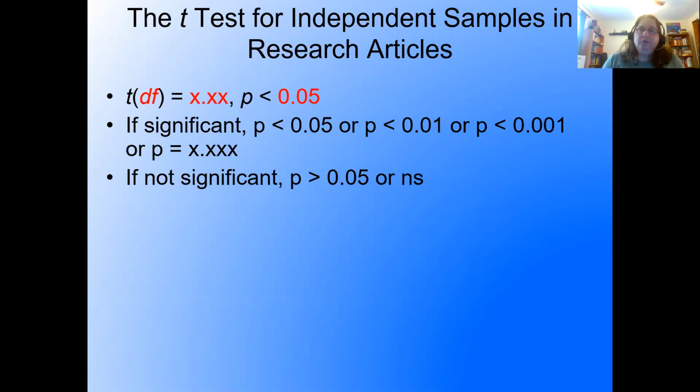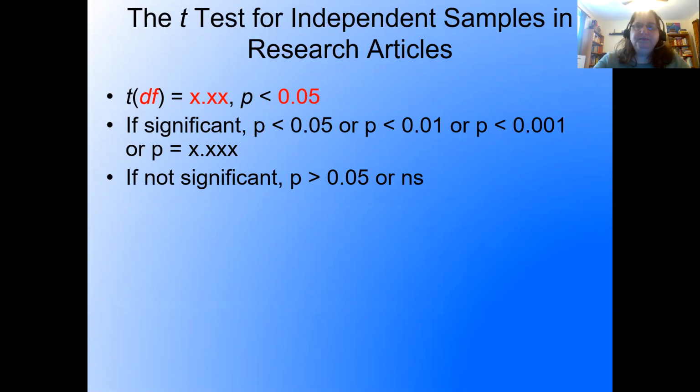Let's leave it like that, so it actually has your 3 decimals. However, if it's not significant, then you can report p greater than whatever your alpha was, typically 0.05, or NS, which is, I think, the simpler one. You just report NS, which stands for not significant.